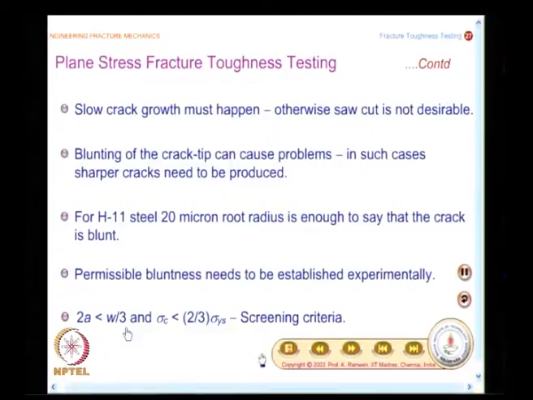And here you have a screening criteria which says 2a should be less than W by 3, and whatever the fracture strength that you obtain, that should be less than 2 by 3 times the yield strength sigma ys. This is only a screening criteria.